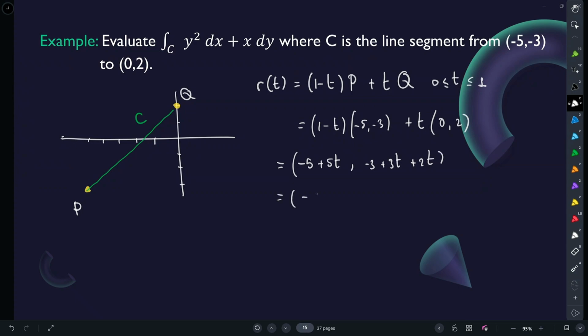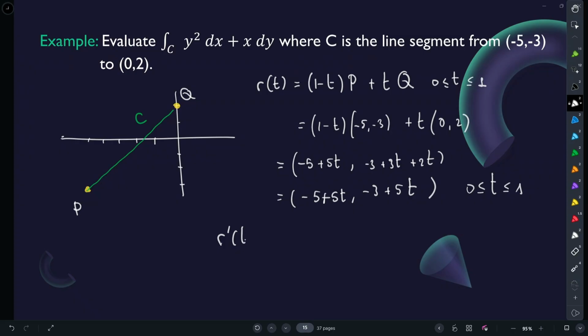So this is minus 5 plus 5t, and then minus 3 plus 5t, between 0 and 1. I'm going to need my x primes and y primes, so I need the derivative.